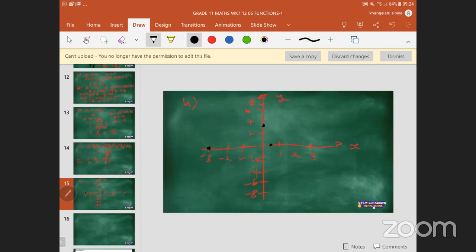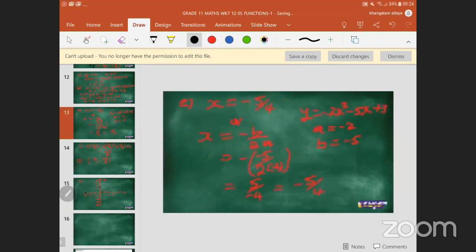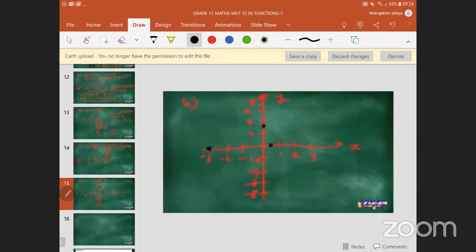Right. Then what next? Is our turning point. Our turning point is this one. It's negative 5/4. So you simply use your calculator, you change that one to be in decimal. It will give you negative 1.25, so it's negative 1 something.